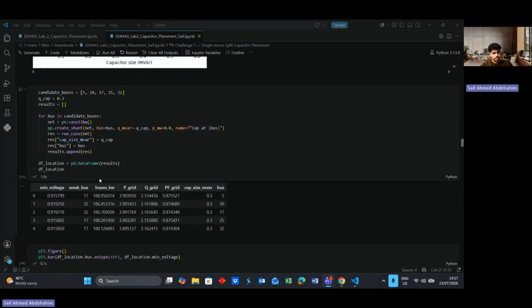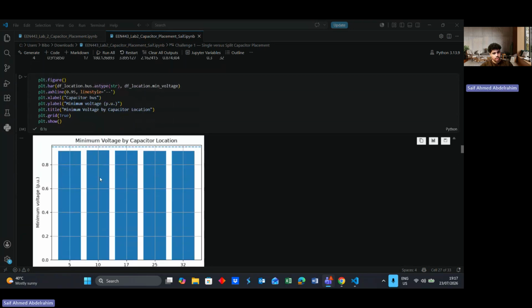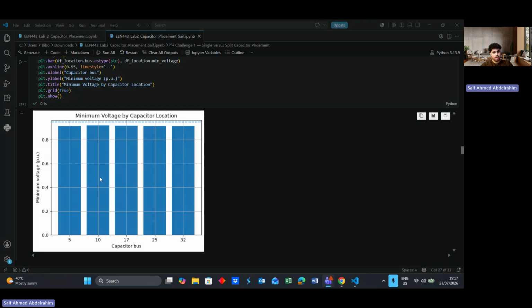Next, I kept the capacitor size fixed at 0.3 MVAR and tested it at buses 5, 10, 17, 25, and 32. Bus 10 produced the highest minimum voltage, while bus 32 produced the lowest feeder losses. The minimum voltage graph shows that bus 10 was the best tested location for voltage improvement, with a minimum voltage of approximately 0.9192 per unit.